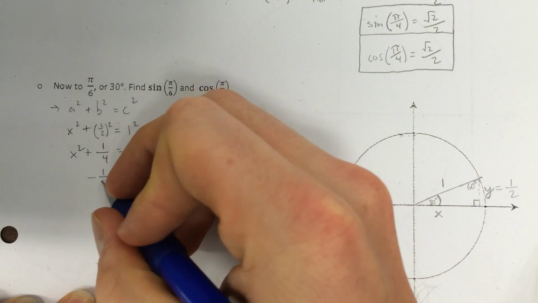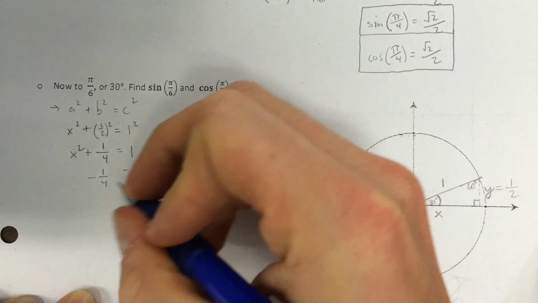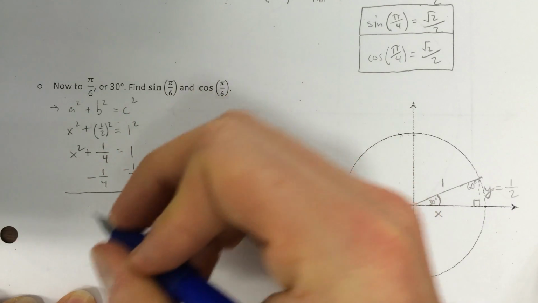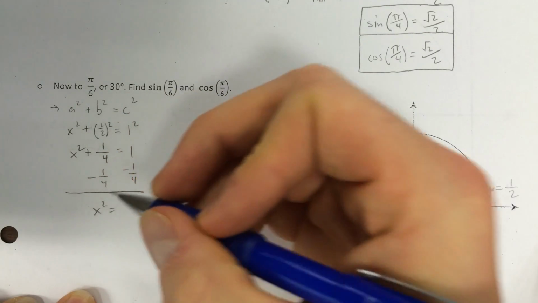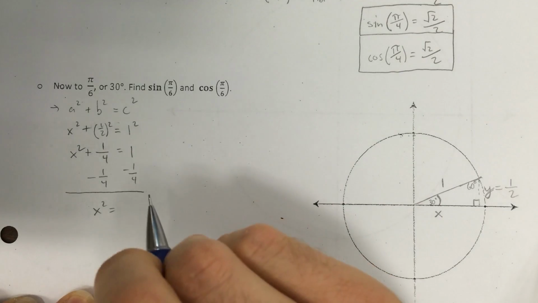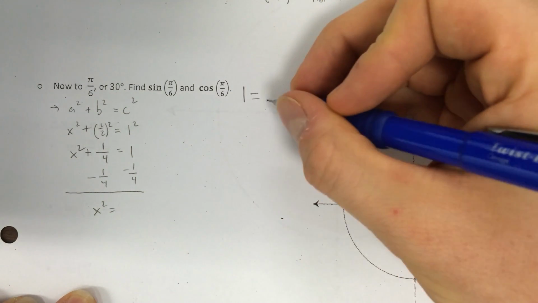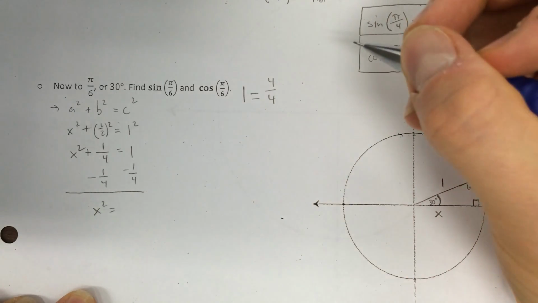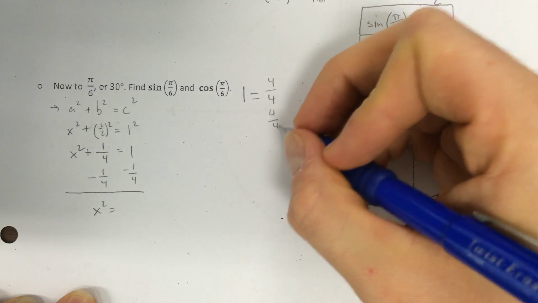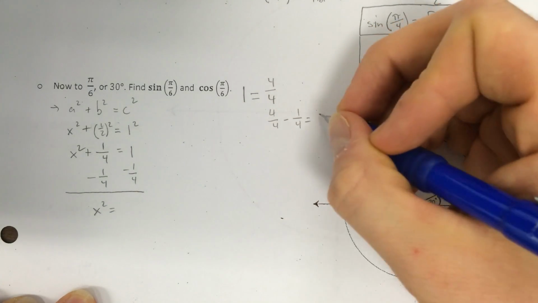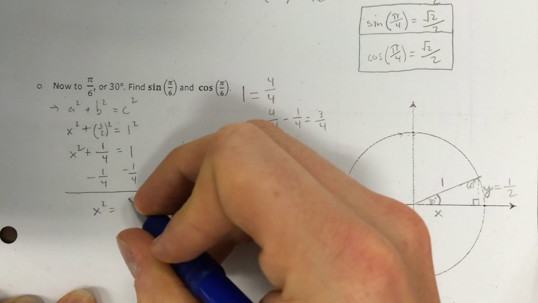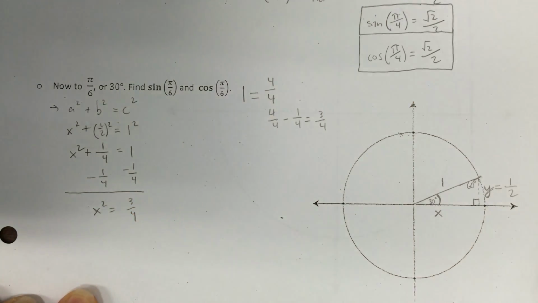So we'll subtract 1/4 from both sides. And 1 minus 1/4, I'm going to do that here real quick. 1, if I want to write that in terms of fourths, is 4 over 4. And then 4 over 4 minus 1/4 would be 3/4.